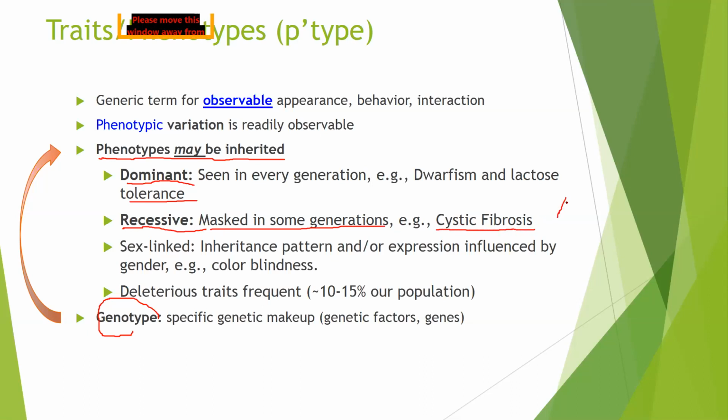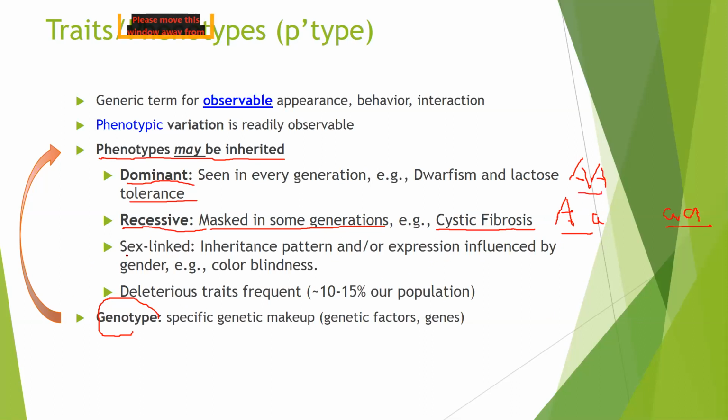If we use A to represent the wild type and lowercase a to represent the mutant, the recessive one, only the individual with little a will show the disease phenotype. So any of these individuals will not show the disease phenotype. So this is the dominance and the recessive.